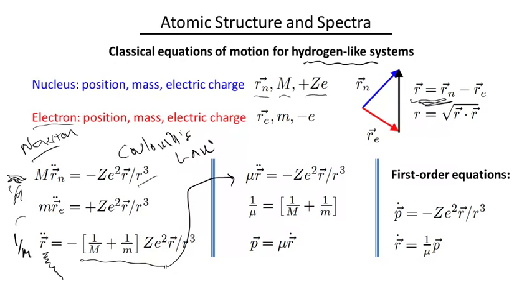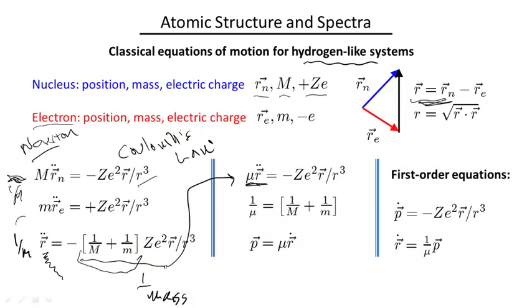So from this equation, we go directly here. This term has the dimensions of 1 over mass, so we just invert it to get what's called the reduced mass, and now we have a simple Newtonian equation for the motion of the relative distance between the electron and the nucleus.